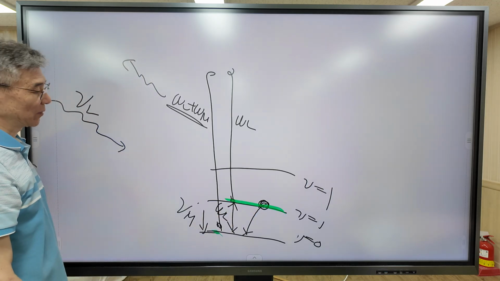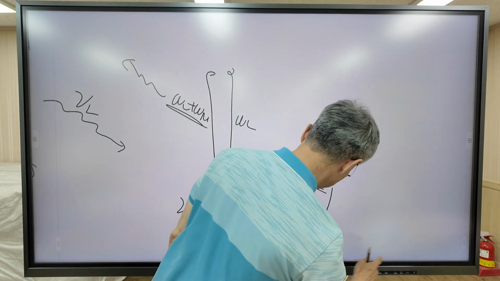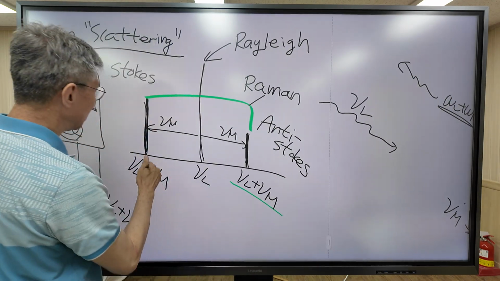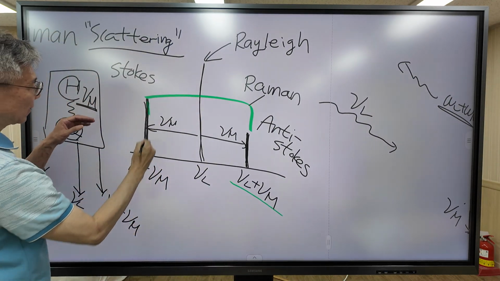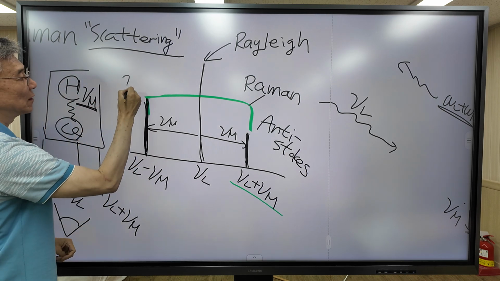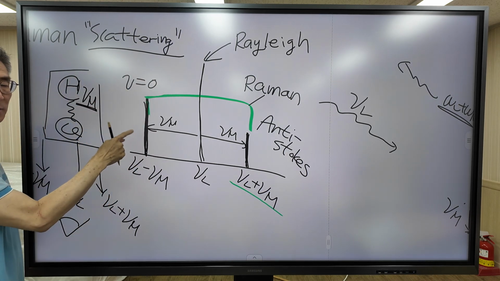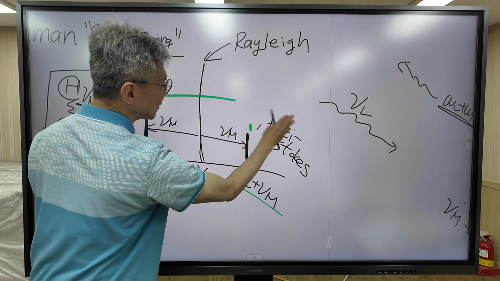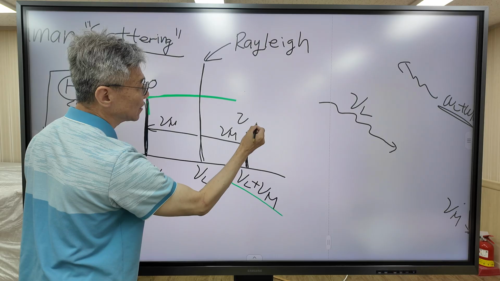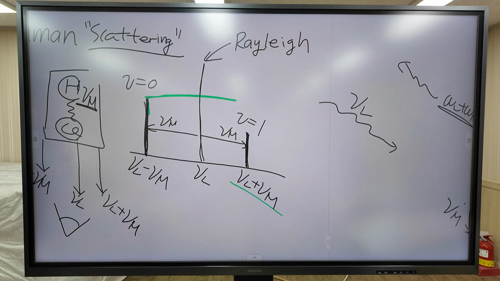In summary, the intensity of this peak is proportional to how many molecules are in the V equals 0 state. The intensity of this anti-Stokes-Raman scattering depends on how many molecules are in the V equals 1 state.